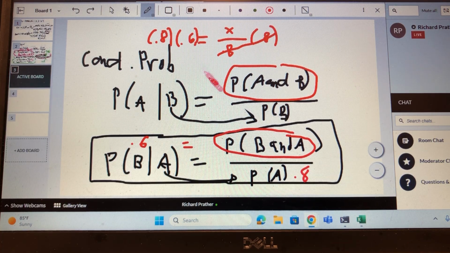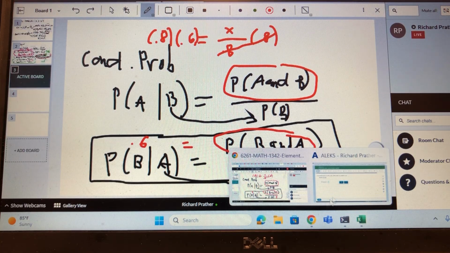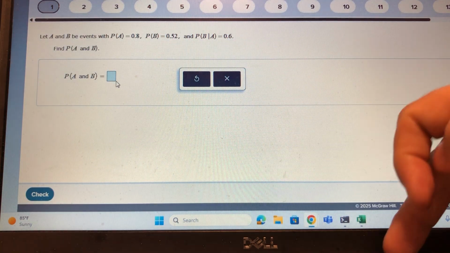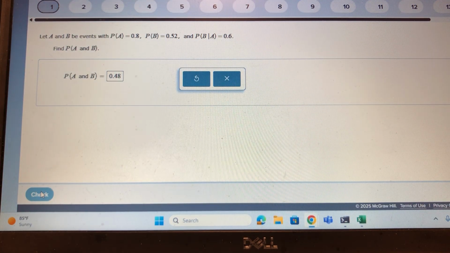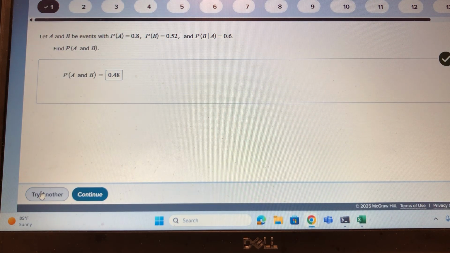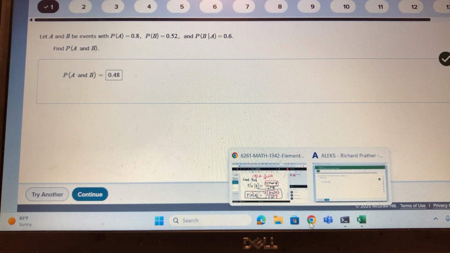And 0.8 times 0.6 is 0.48. So you're kind of solving this indirectly backwards by taking other given information and plugging it into a formula. So sometimes it helps to have these formulas, and I'm going to send you a formula sheet that you get to use during tests. So I got to just remember to do that in one of my morning emails.